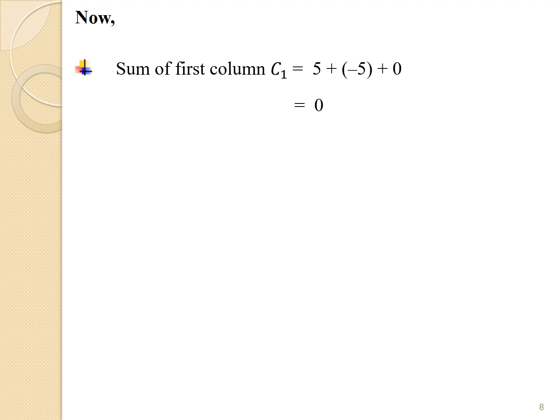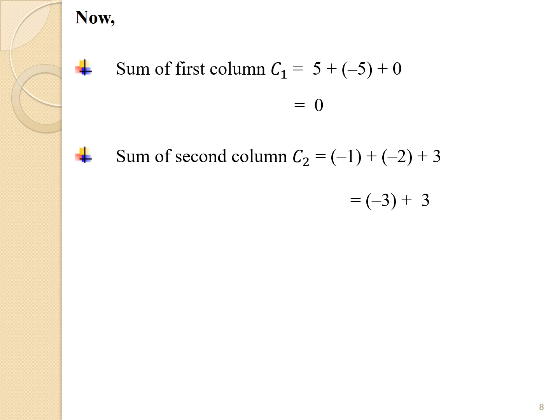Sum of second column equals -1 plus -2 plus 3, which is equal to -3 plus 3, which is equal to 0.